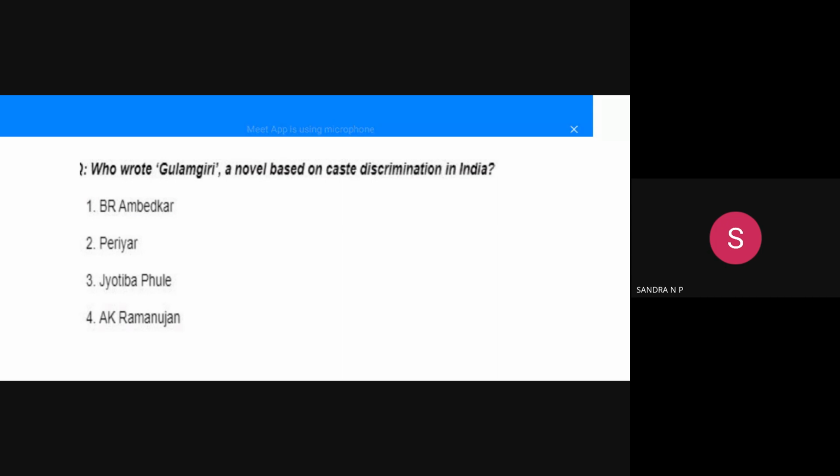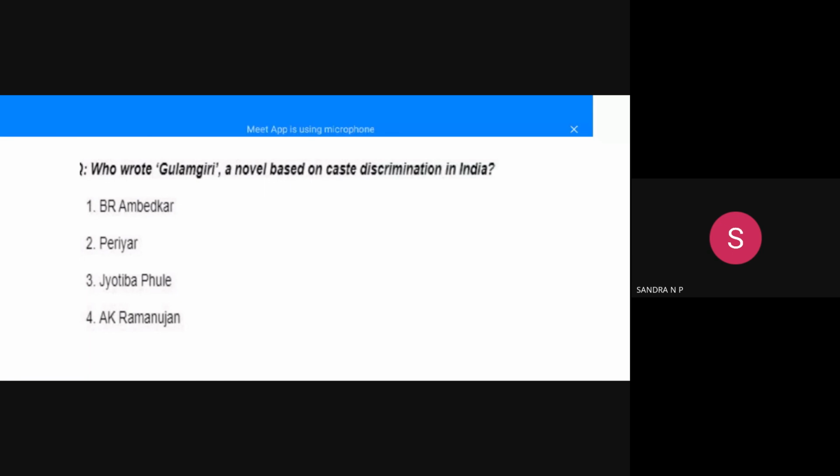Coming to this book, Gulamgiri means slavery, and the theme of this book is the injustice of the caste system. It was written by Jyotiba Phule in 1873.